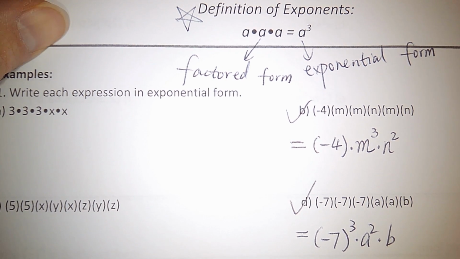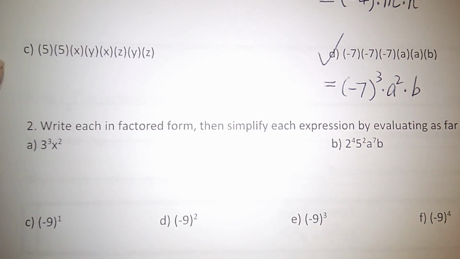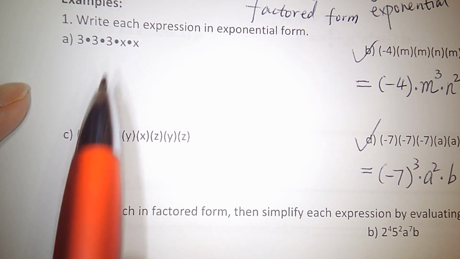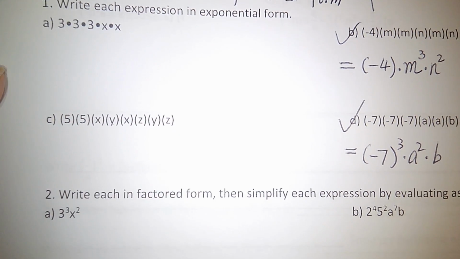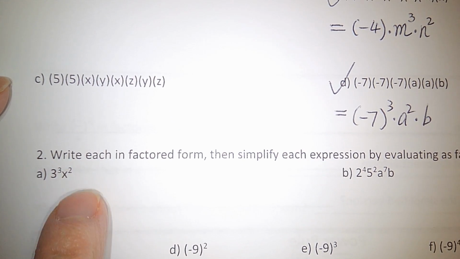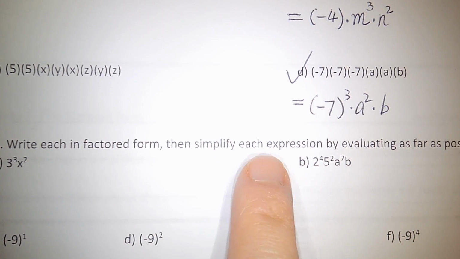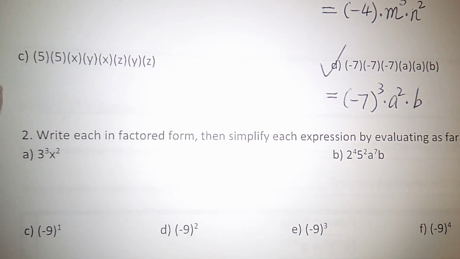You guys agree with that? Okay, next question. Of course, I will let you try these later in group. They're not super hard. If you understand how to do these problems, they are just very similar. Question 2. Write each in factored form, then simplify each expression by evaluating as far as possible.